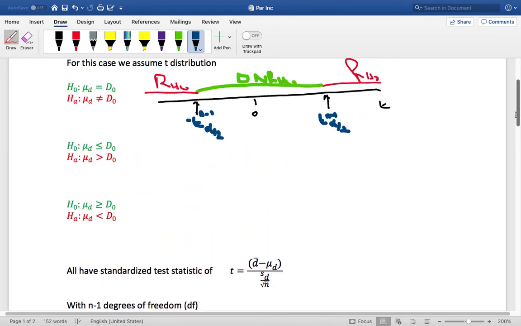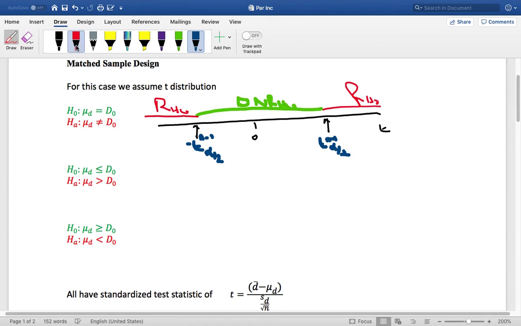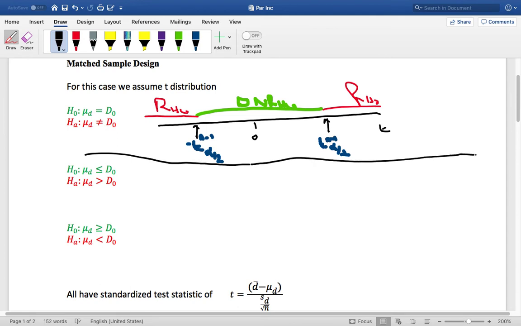Let's just go back up there though. So that's that one. Let's look at the second scenario. Just get rid of this one. So the second scenario again is going to be a t distribution, and it's going to be a one-tailed test with rejection to the right. The arrow is pointing over here to the right, so let's put in the critical value over here to the right, and the rejection zone over here.